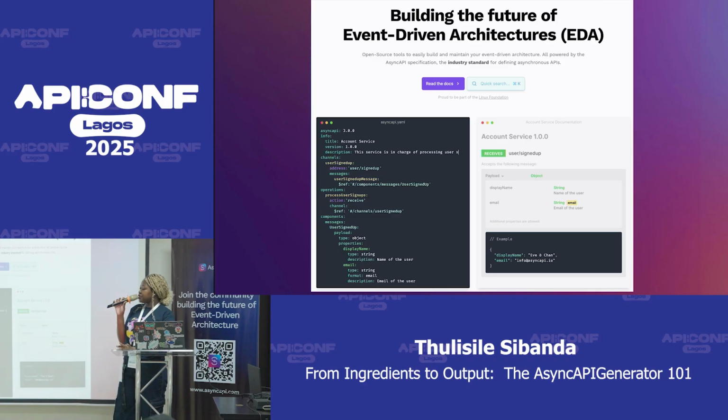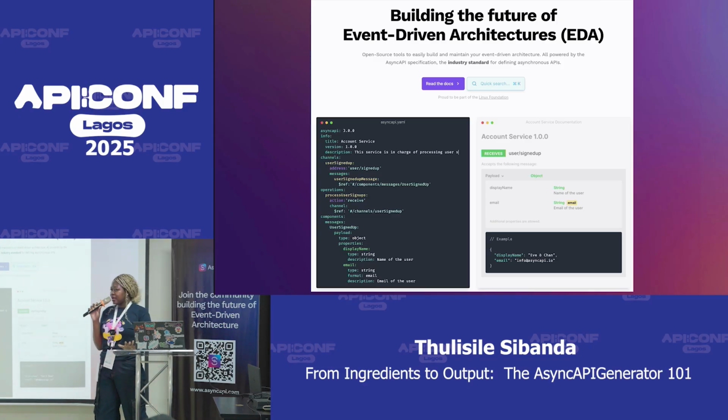So this is one of the screenshots that I took from the website. Some of our contributors put this work through, as I mentioned earlier about contributing in different ways in open source. So I think we've spoken enough about AsyncAPI. And if you still have any questions, you can find me at the booth.